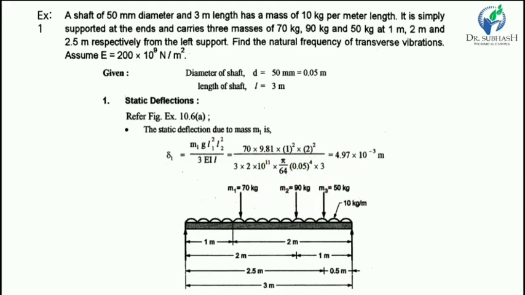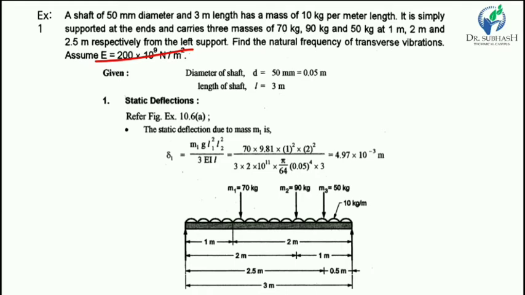Now find the natural frequency of transverse vibration. The modulus of elasticity is given for the material of the shaft. For a shaft carrying multiple rotors, the natural frequency is found with the help of two methods: one is the Dunkerley method and the second is Rayleigh's method.